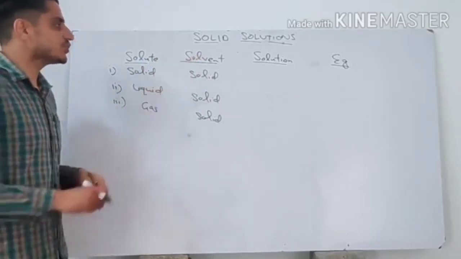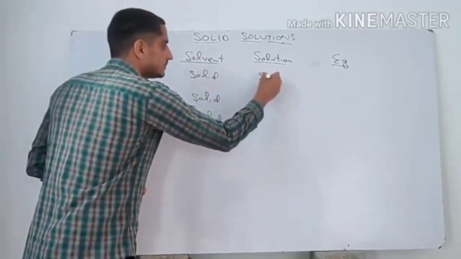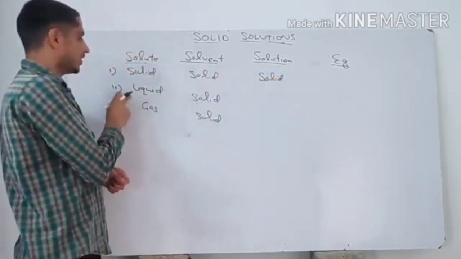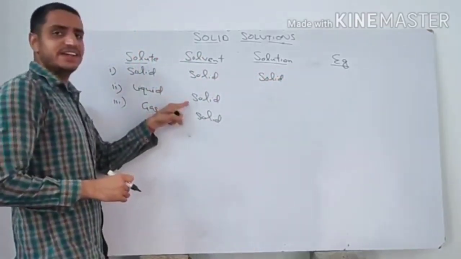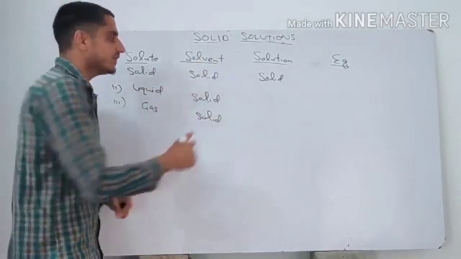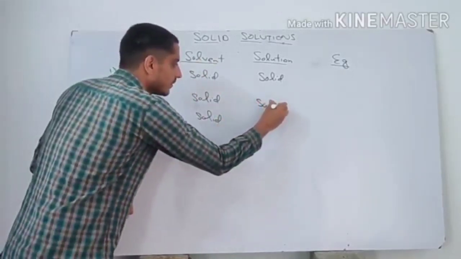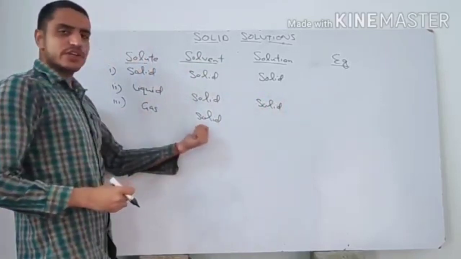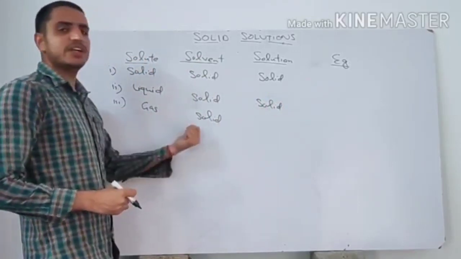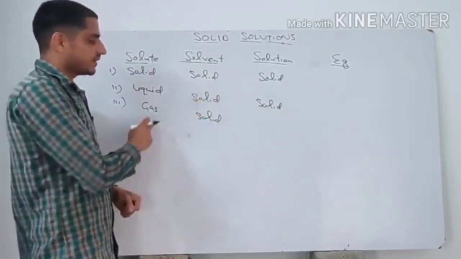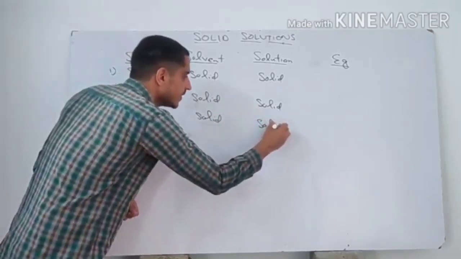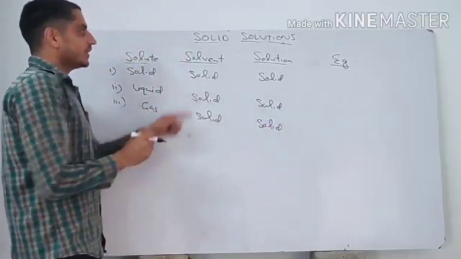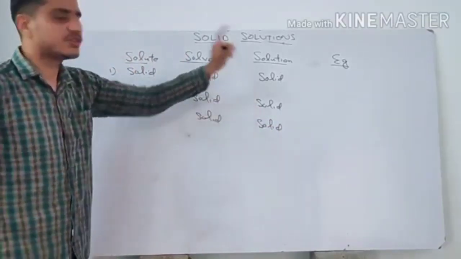So the phase of the solution will be solid. Here also solute is liquid, solvent is solid. So solvent retains its phase. So the solution will be solid. Gas plus solid. Solute loses its phase whereas solid retains its phase. So solution will be in which phase? Solid phase.